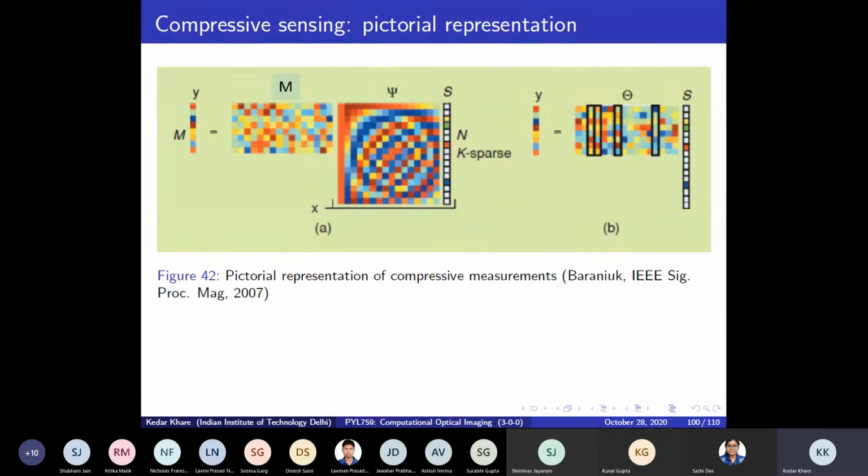The signal vector is 0 at all these places, wherever it is white. Only at these 4 points is the signal vector non-zero, and so only these columns are effectively contributing to the measurement. Although we don't know a priori which coefficients of the signal vector are non-zero, because all that we have access to is this Y vector right now.